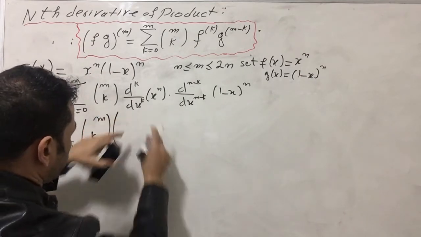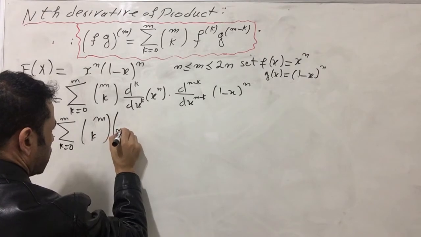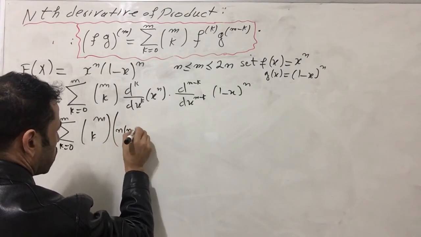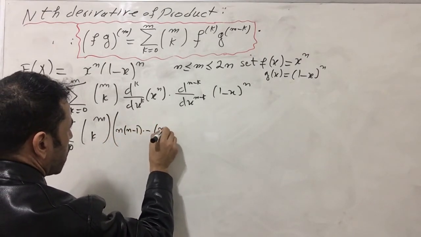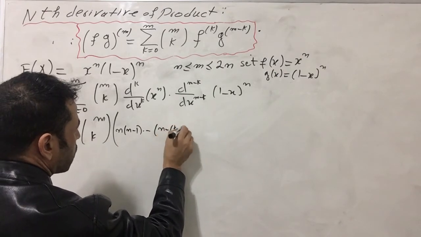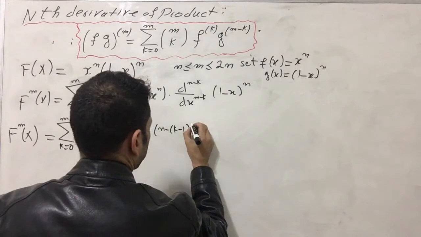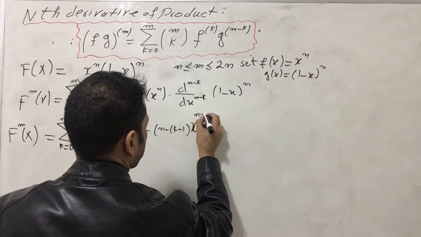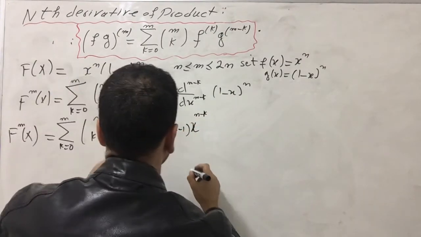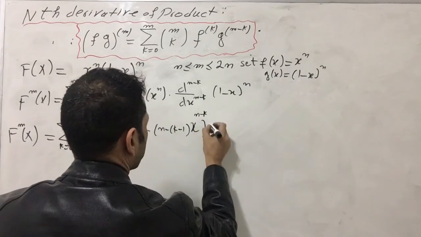If you differentiate this function, it is given as n multiplied by n minus 1 and all the way down to n minus k plus 1, times x to the n minus k. I'm moving on to the next one.